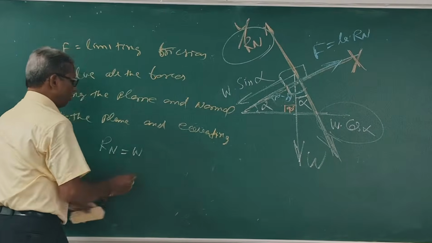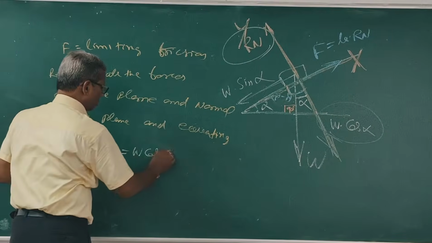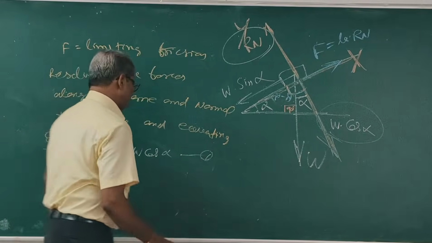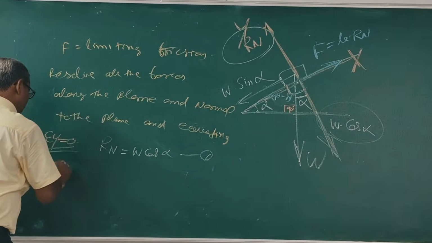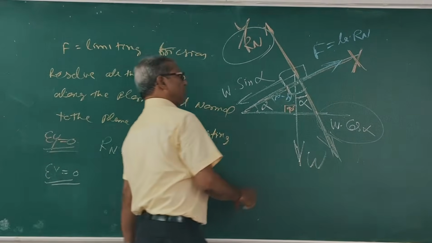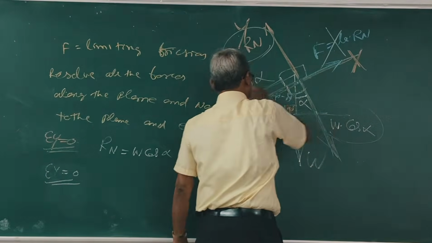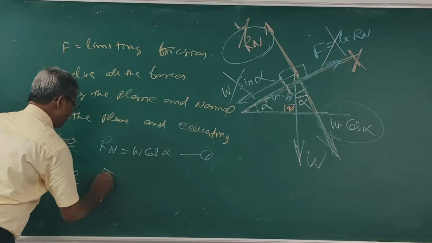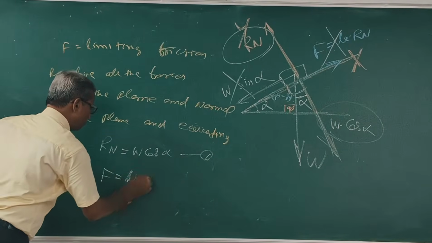Equation 1. Next, sigma x is 0. What is summation x? F is equal to W sin alpha. Clear?